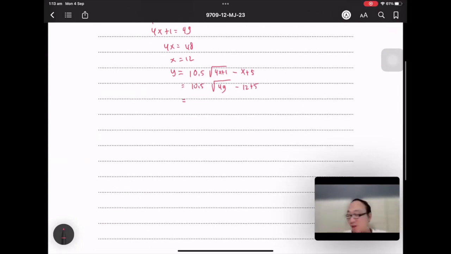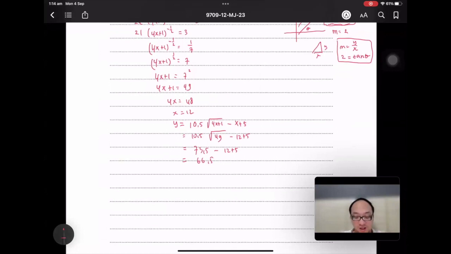So 10.5 times 7, so it's 73.5 minus 12 plus 5 equals 66.5. This is the y.